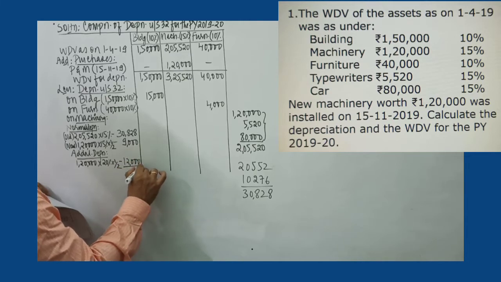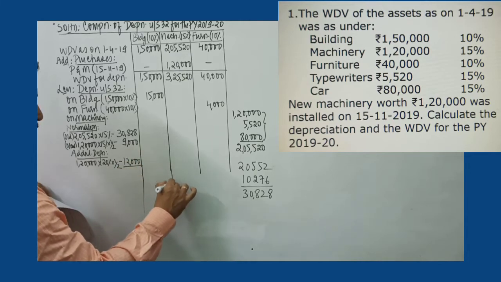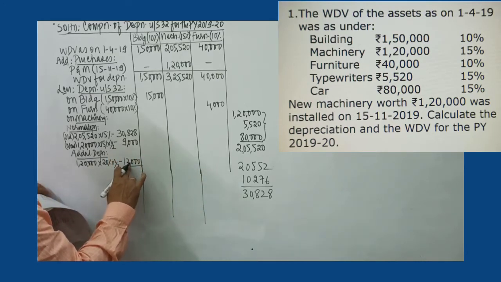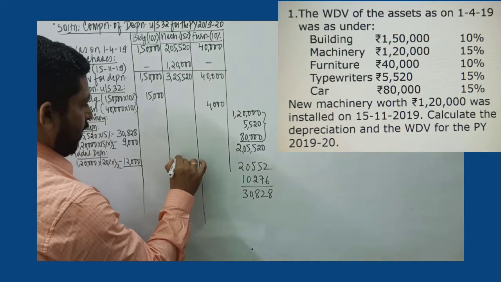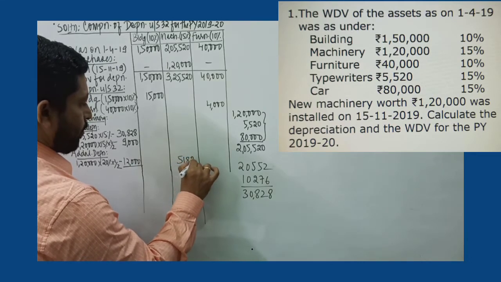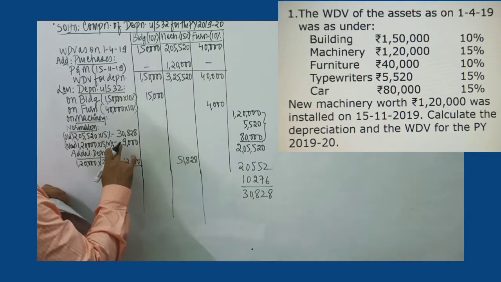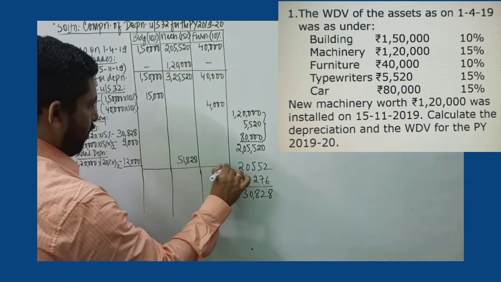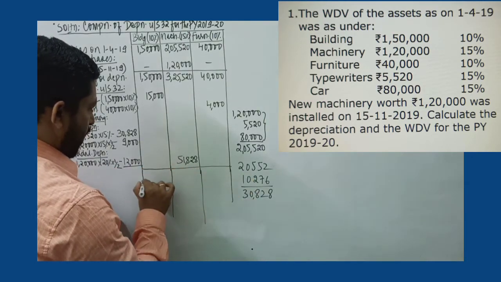So total depreciation on plant and machinery would work out to 39, 40, 41, 51,828. So I total this: 39, 40, 41, 51,828 will be the depreciation amount.